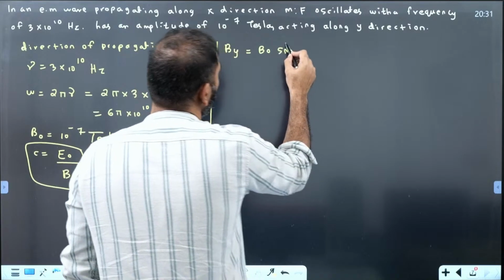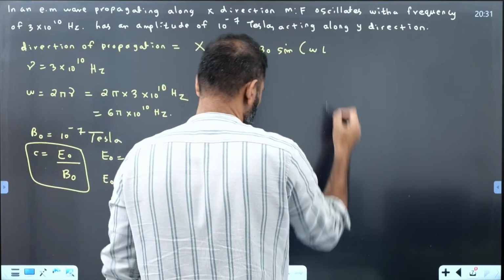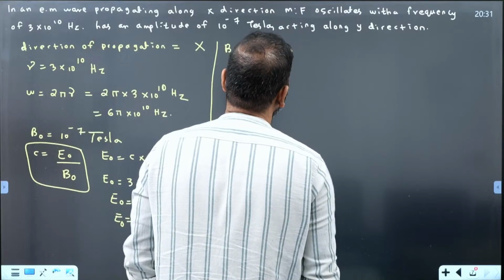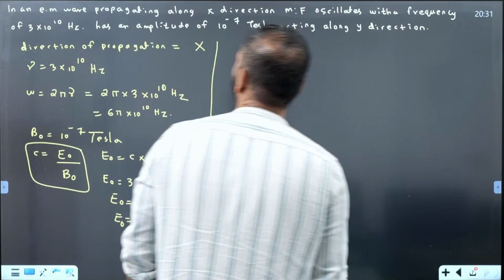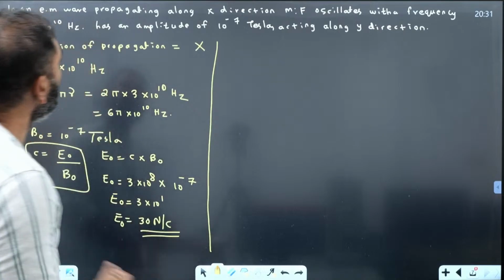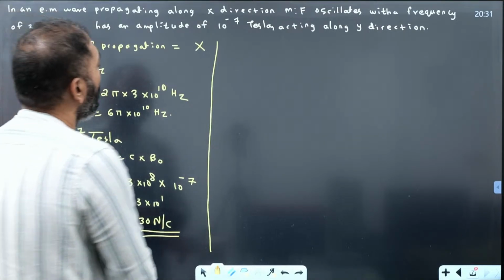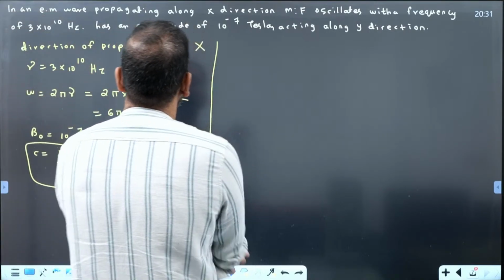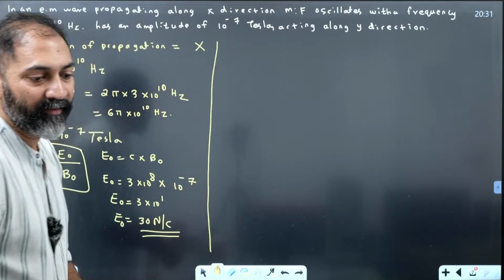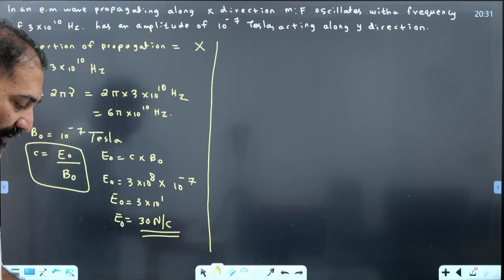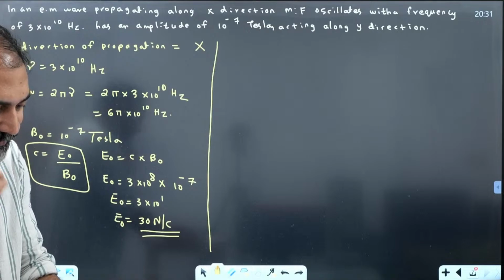B0 sine omega... no, before that, I don't have any idea about wavelength. Frequency is given, but wavelength is not given. But we should assume that it is traveling through what?